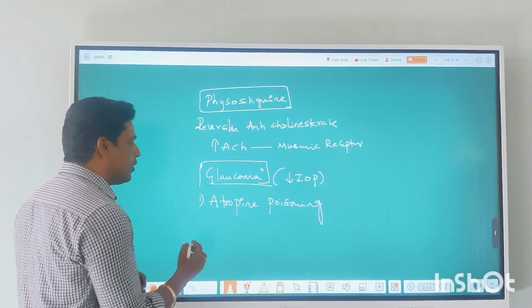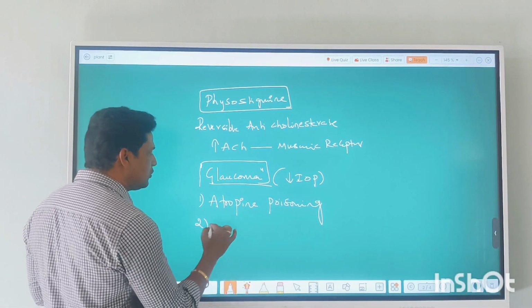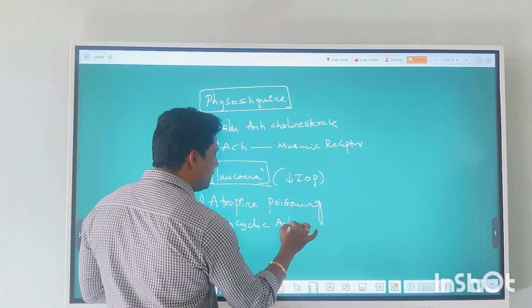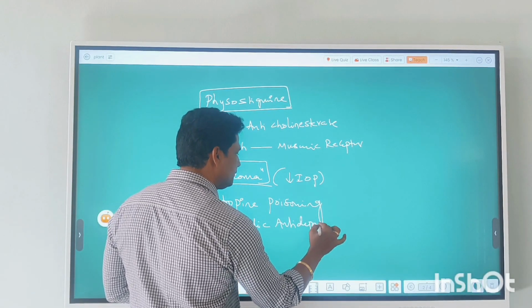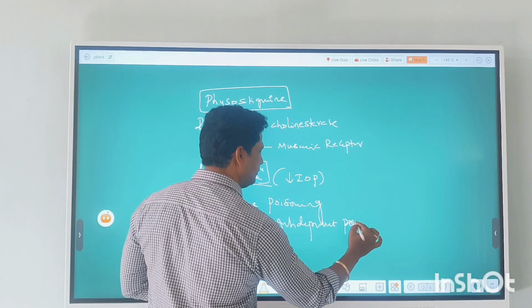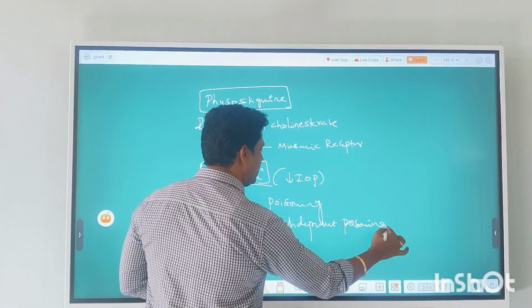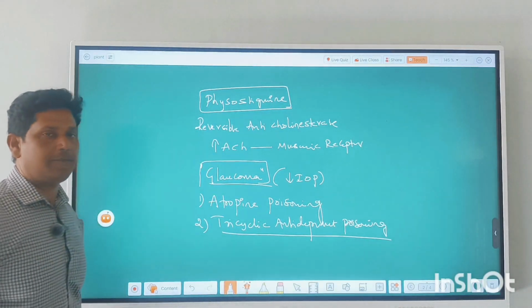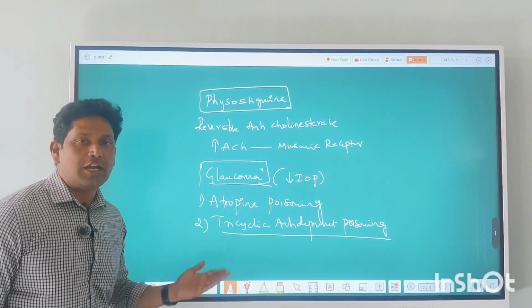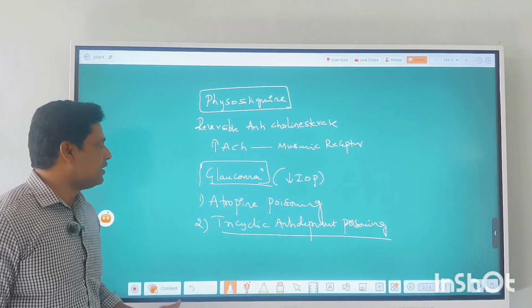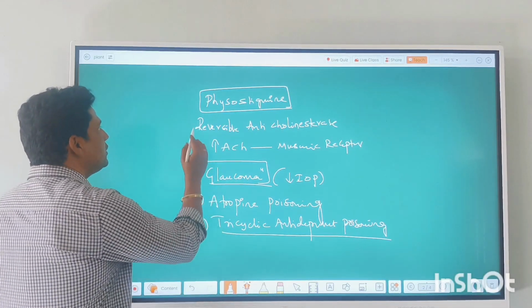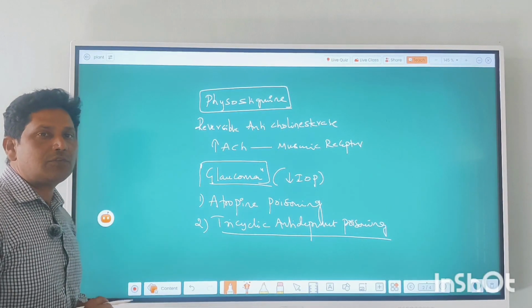Not only atropine poisoning, physostigmine is also used in the treatment of tricyclic antidepressant poisoning. Because tricyclic antidepressants also have anticholinergic actions, these actions are minimized by physostigmine. So this is the advantage of physostigmine.